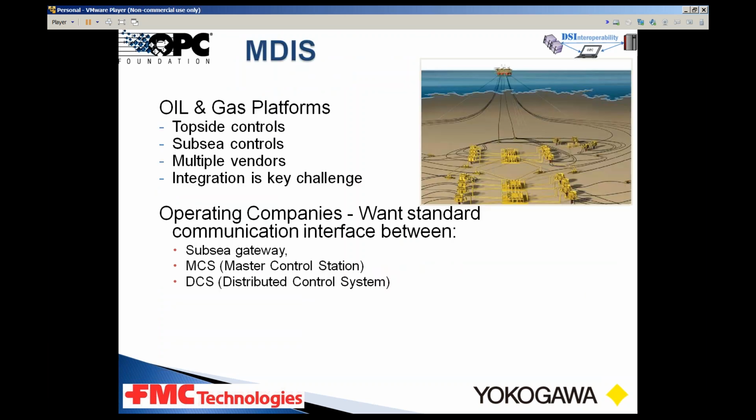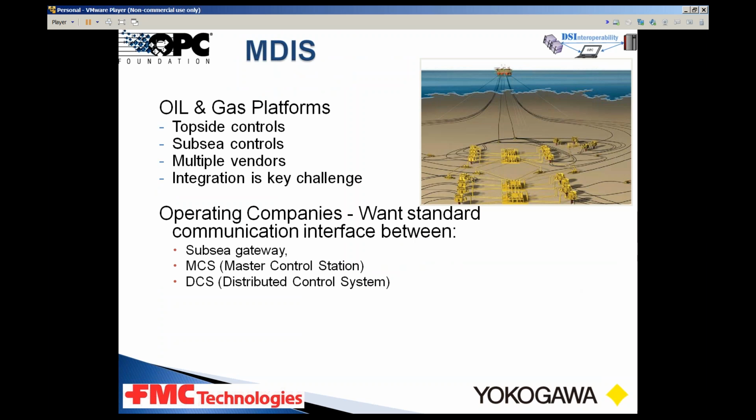So what happened is the operating companies, so these are the big name oil companies, got together and realized that we need a standard. We want a standard way of providing this communication, and the information we want to communicate, we want it to be standard.